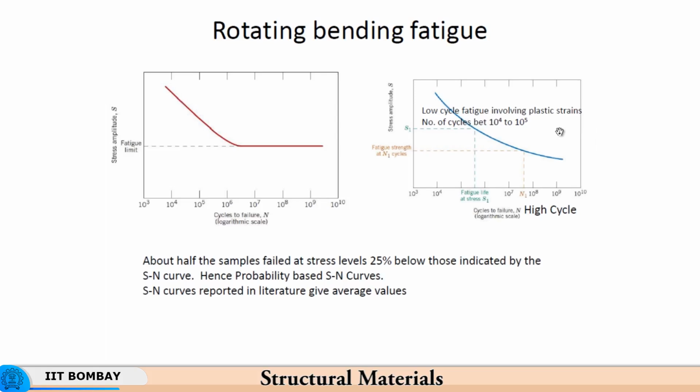In the high stress amplitude case, the material can get into the plastic region, the plastic deformation can take place, and therefore it is called low cycle fatigue, meaning that the number of cycles withstood by the material under fatigue is very low. This happens at very high loads which exceed the plastic deformation.